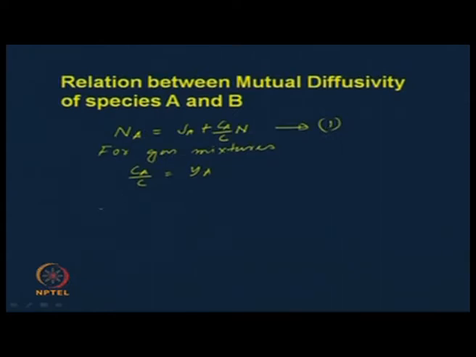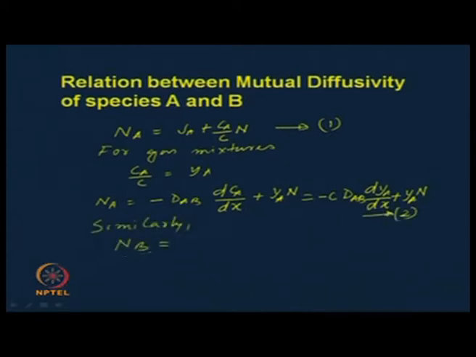We know that from this we can write N A is equal to J, and we know J is minus D A B d C A d x, plus Y A N. This we can again write as minus C D A B d Y A d x plus Y A N. This is equation 2.